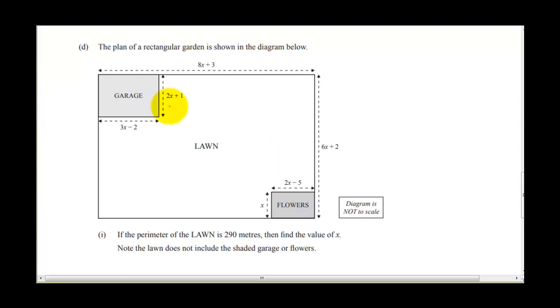That's the shaded region. So that means the true lawn we are discussing is going to be something like this. So we're cutting off the garage. This is the garage part, so it has been cut off. So now we're going to have something that looks exactly like this.